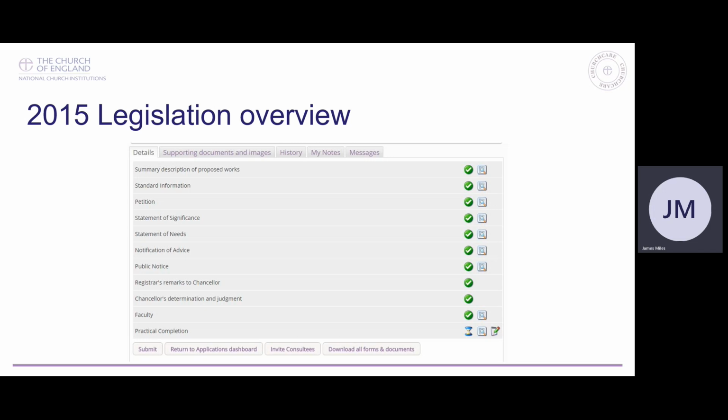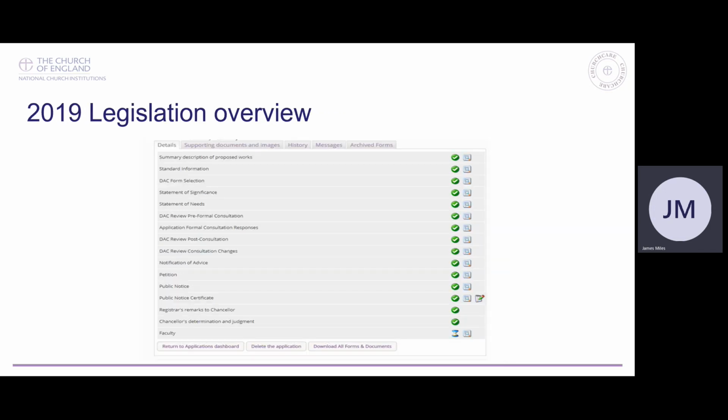So under the 2019 variation, changes were made to add more of a step-by-step process, making sure that forms were completed in a sensible order and correctly and in full, rather than finding out when a faculty case was submitted to the registry that part of the petition, for example, was not completed because the parish first completed that petition document at the very beginning of the process rather than at the very end.